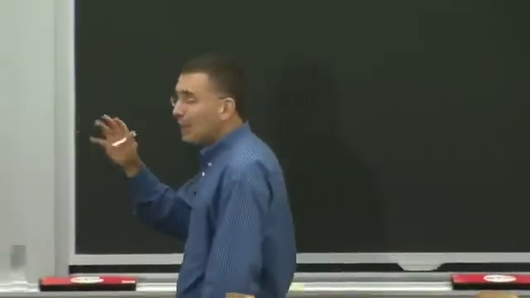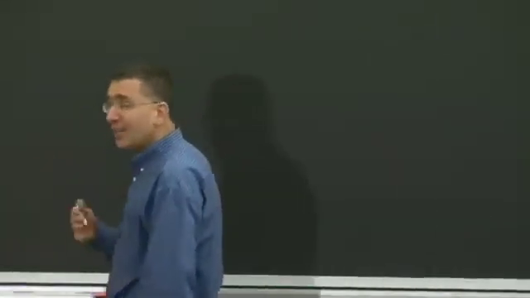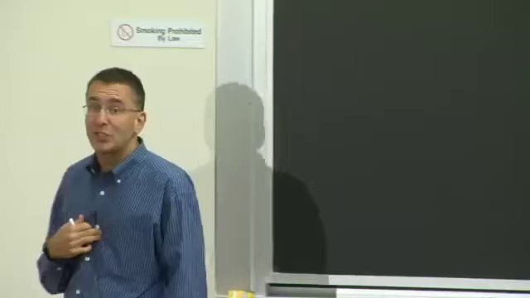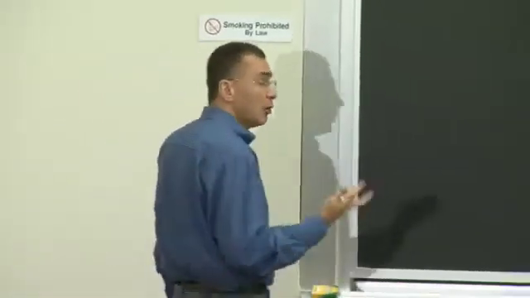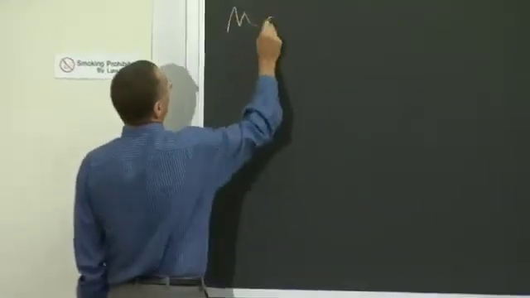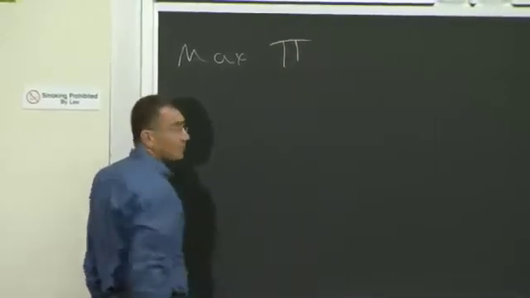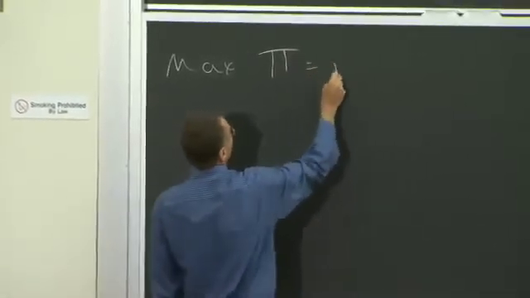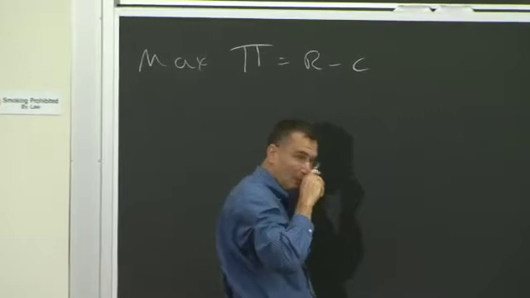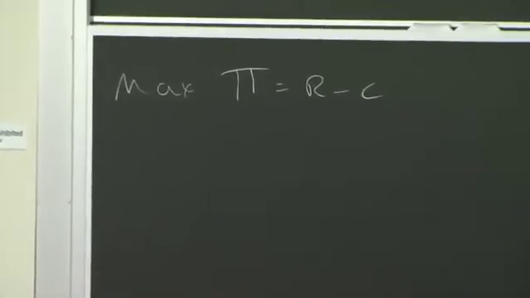And that black box, that firm, just as individuals have a simple goal, which is to maximize their utility, producers have a simple goal, which is to maximize their profits. Profits are defined as revenue minus costs.